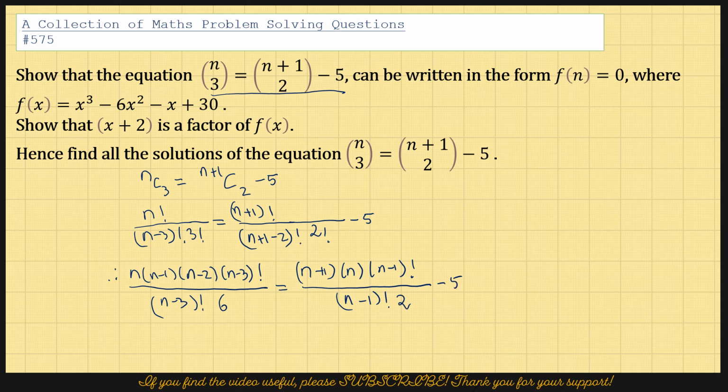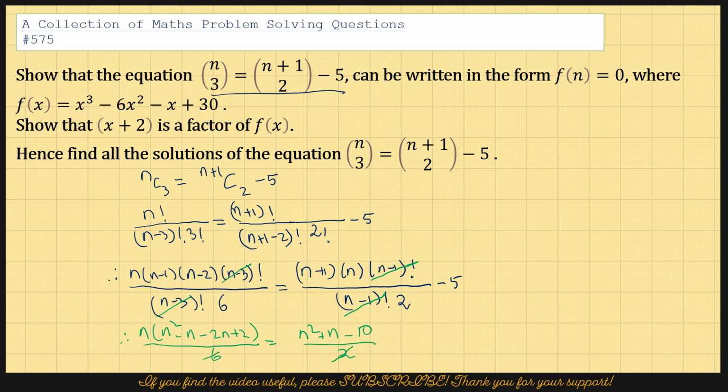minus 5. So I can cancel out these factorials, and then I would have, therefore, n times (n squared minus n minus 2n plus 2) divided by 6 equals (n squared plus n minus 10) out of 2.